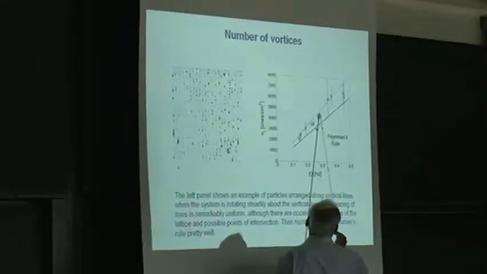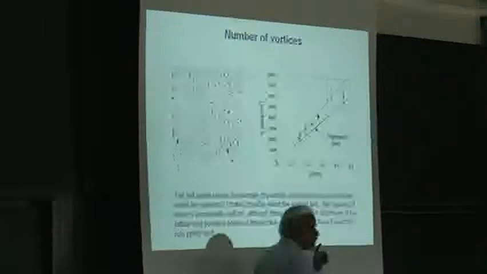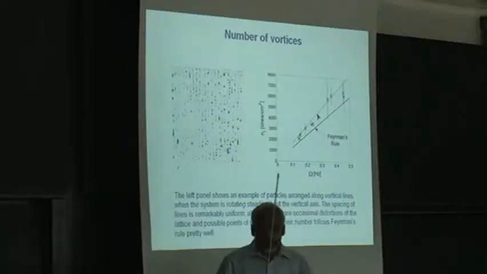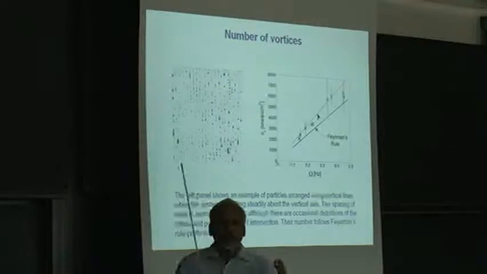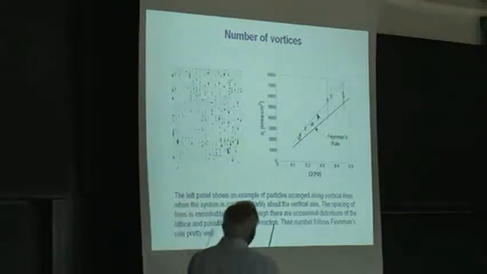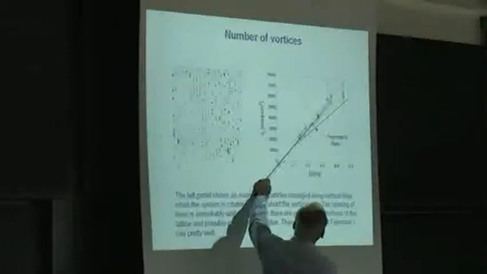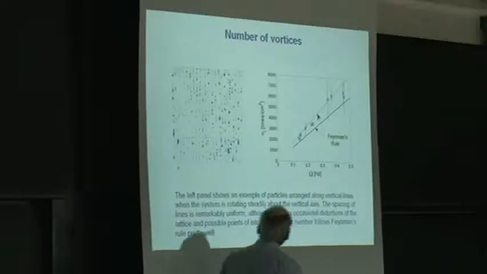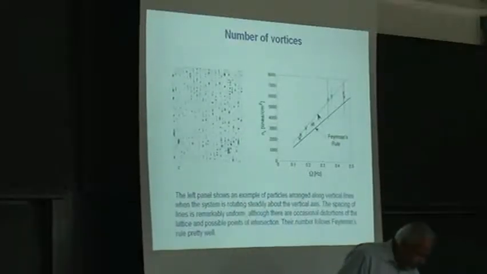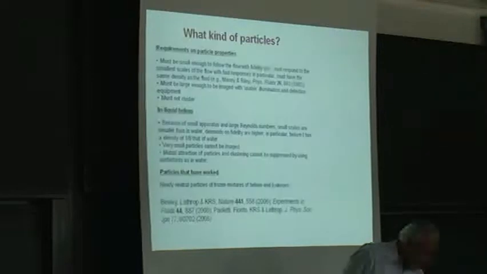And this is a slightly modified version of his line, allowing for orientation effects. And what you should find, if these were quantized vortices, is that the number of vortices as you count them ought to lie between these two lines, and in fact that's what by and large they do. So I think these are the kinds of indications that tell you that these are quantized vortices.